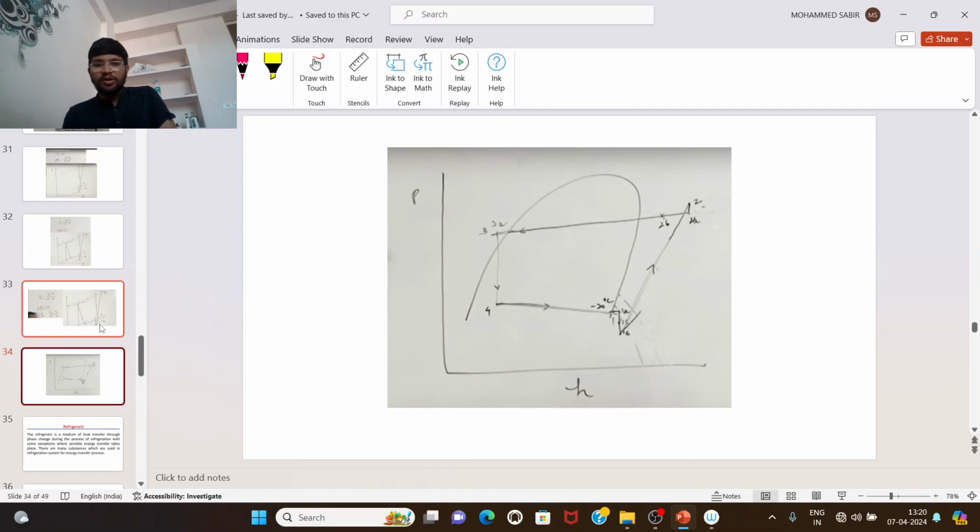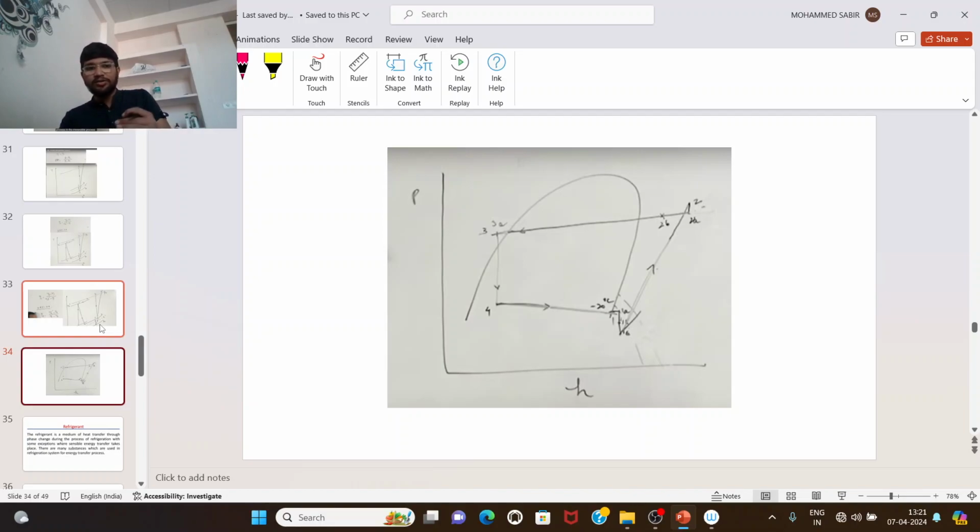And here, in a cooler, the pressure may rise. Why? Because here the gases change to liquid, and it loses kinetic energy and gains pressure energy.